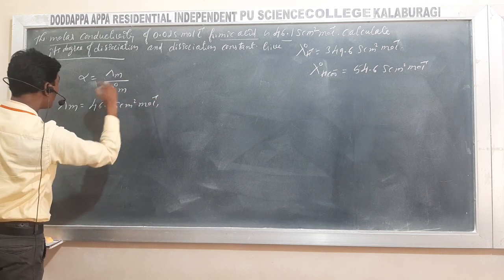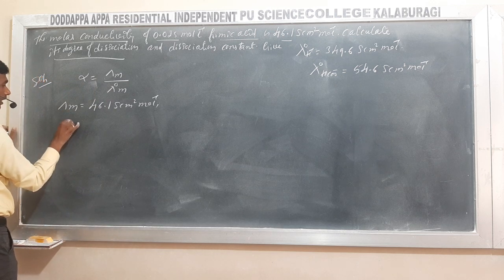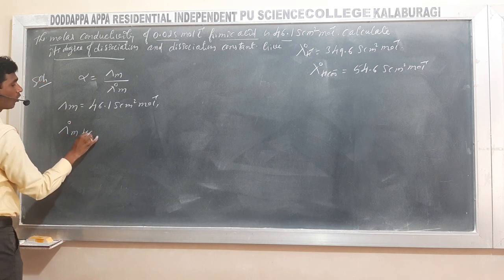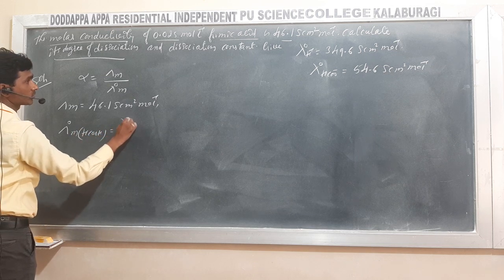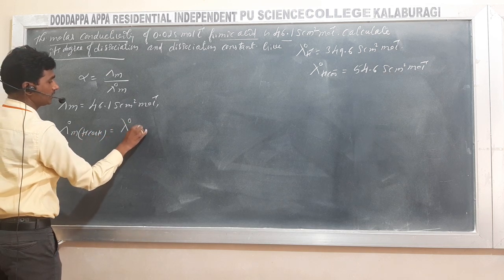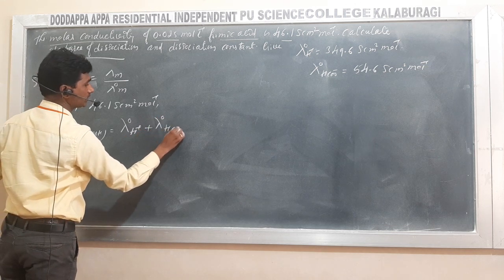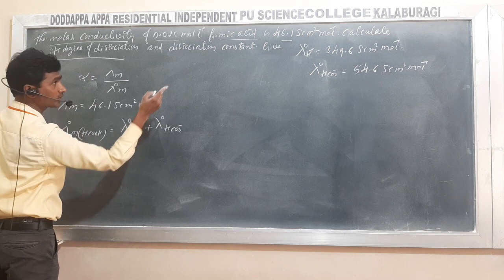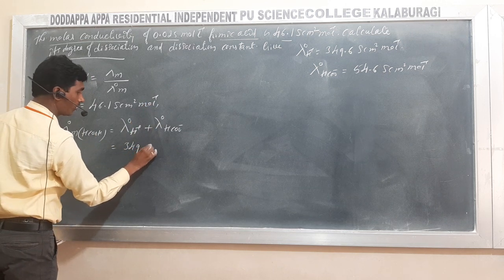What you have to find out is the limiting molar conductivity of formic acid, which is equal to lambda of H plus plus lambda of HCOO minus. What is the H plus? 349.6.